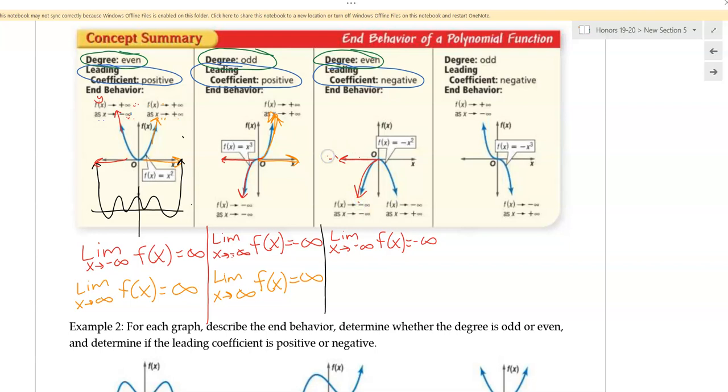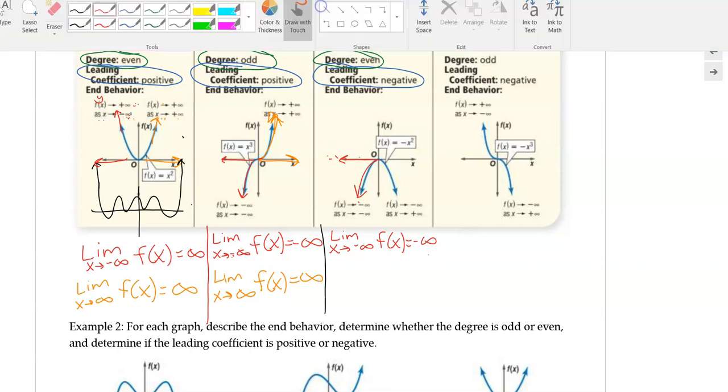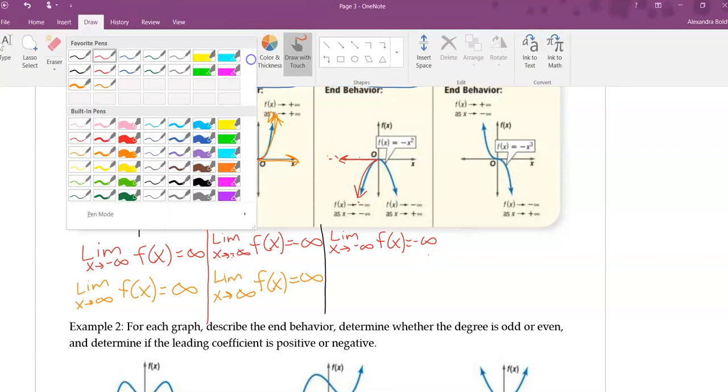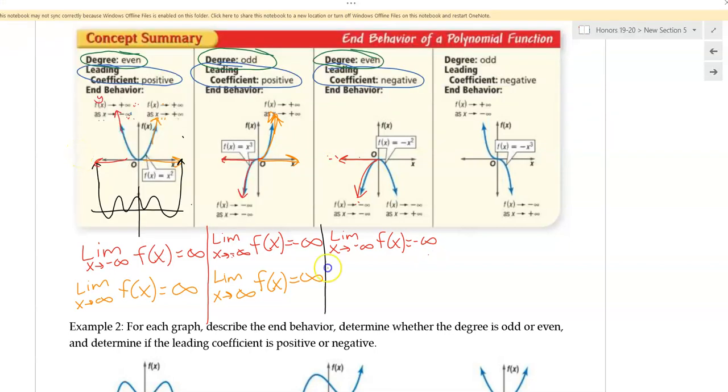So left forever goes down forever. The limit as x approaches positive infinity, as I go right forever, f of x equals, I also go down forever. So as I go positive forever, the graph is going negative forever.